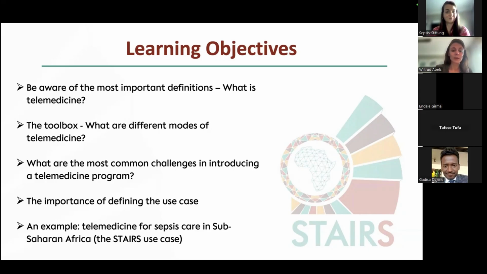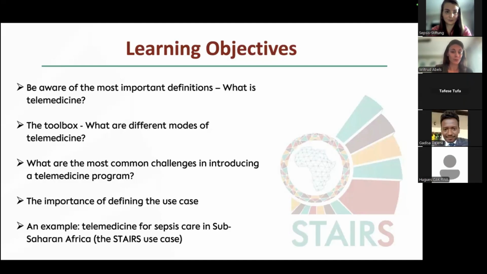So we will be looking at different modes of telemedicine. We will be taking a brief look at the most common challenges in introducing a telemedicine program, or the pitfalls that you have to think about if you want to come up with your own telemedicine program. I want to highlight the importance of defining your use case above everything, even above the choice of technology.